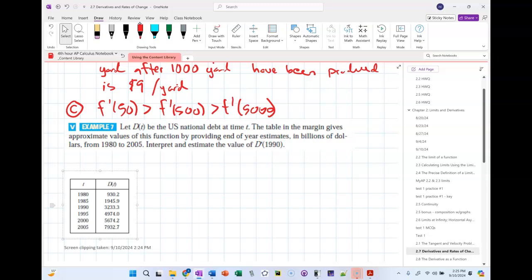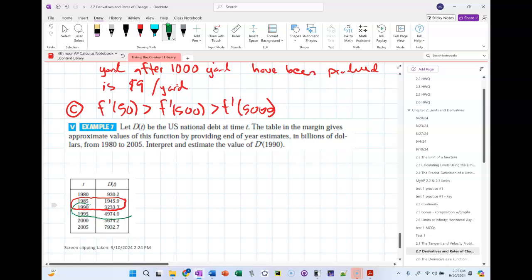The way I would estimate that is I would use the slope. I would take the average of the slope from 1985 to 1990 with the slope from 1990 to 1995. I would just average those two slopes together, and that'll probably be a decent estimate for the instantaneous slope at 1990. Is that okay?